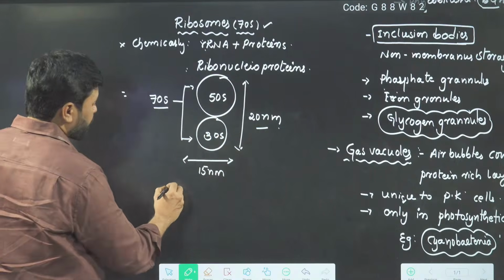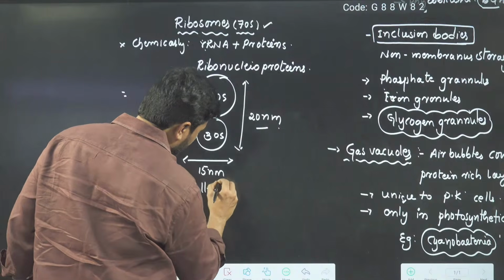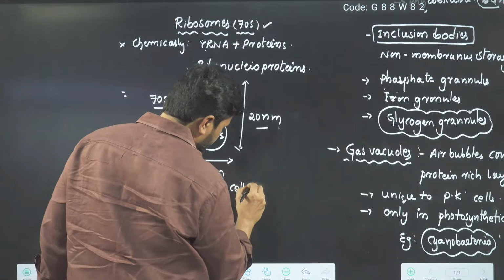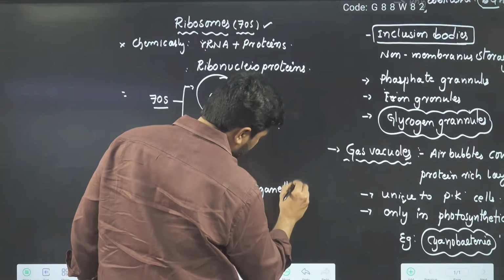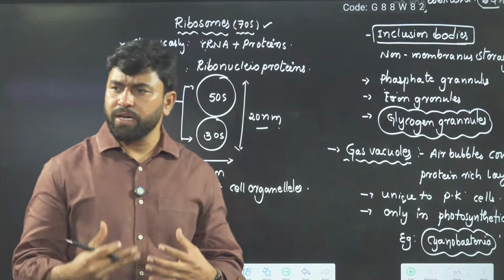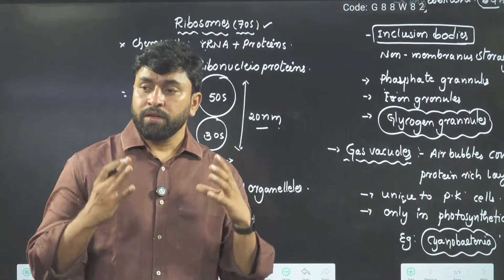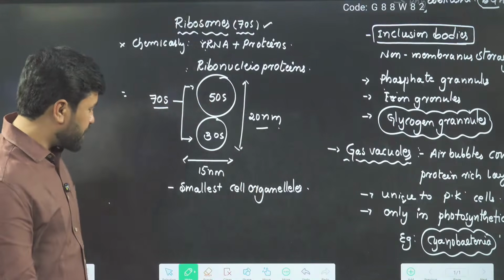That's why they wanted to show these are the smallest cell organelles inside the cell. Out of all the cell organelles you will come across, 70S ribosomes are the smallest.